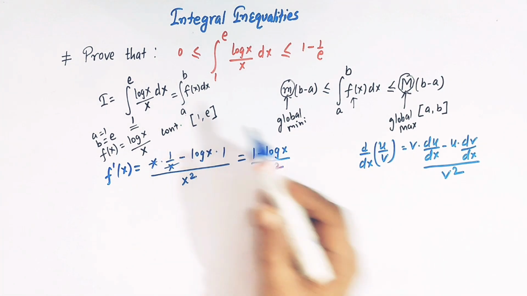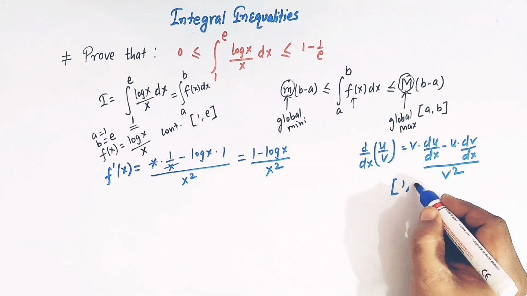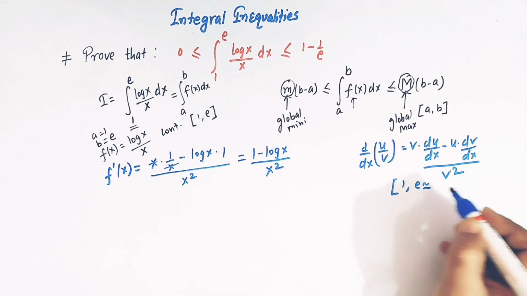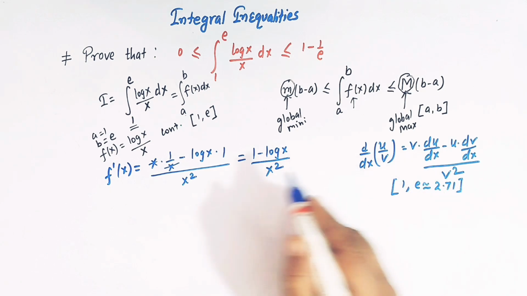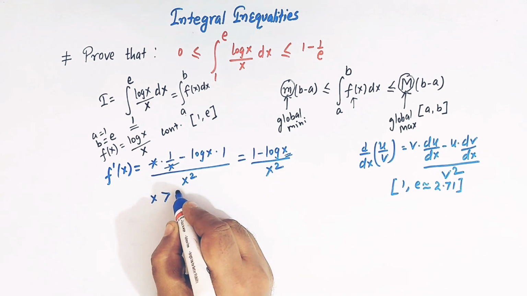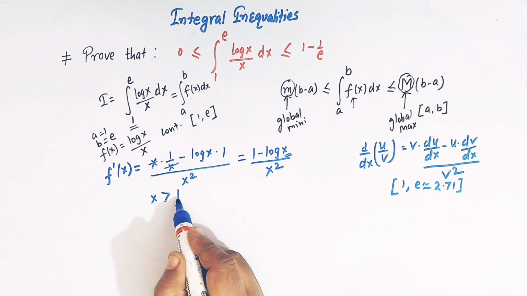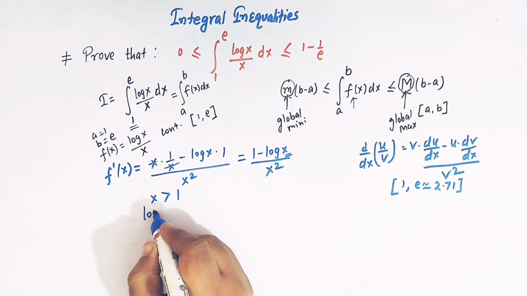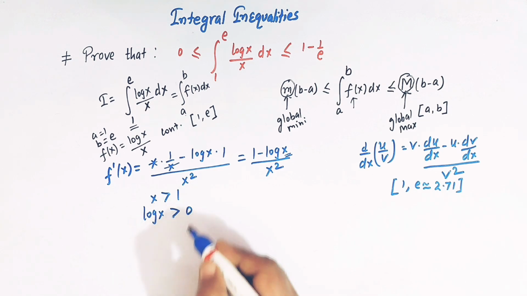Now see this interval. Here we have 1 and e, and the approximate value of e is 2.71, right? So the value of x is greater than 1. So when x is greater than 1, then log of x is also greater than 0.